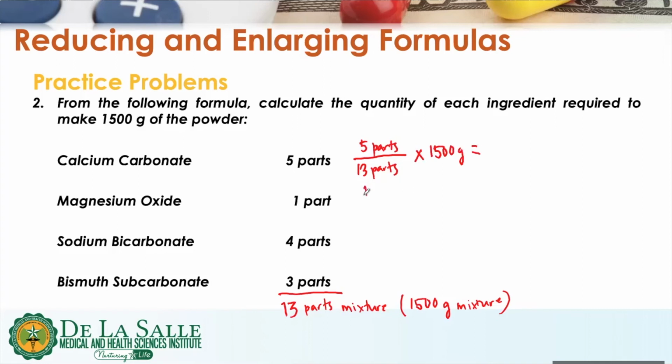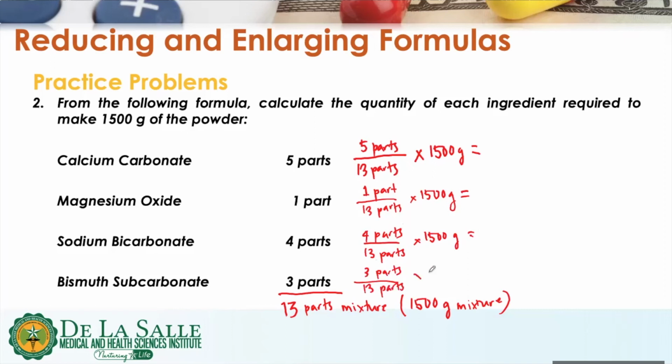Similarly, for magnesium oxide, we have 1 part divided by 13 parts times 1,500 grams. For sodium bicarbonate, 4 parts in every 13 parts of the mixture times 1,500 grams of the mixture. And for bismuth subcarbonate, 3 parts in every 13 parts of the mixture times 1,500 grams.